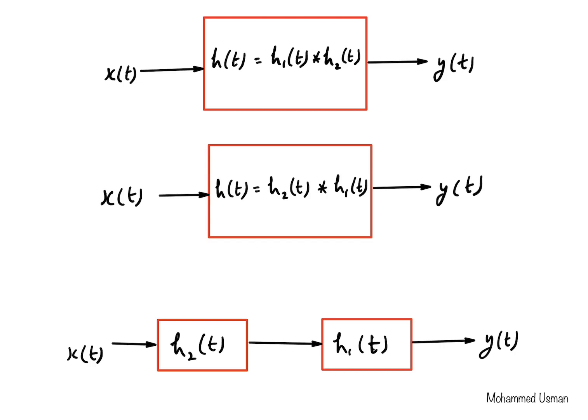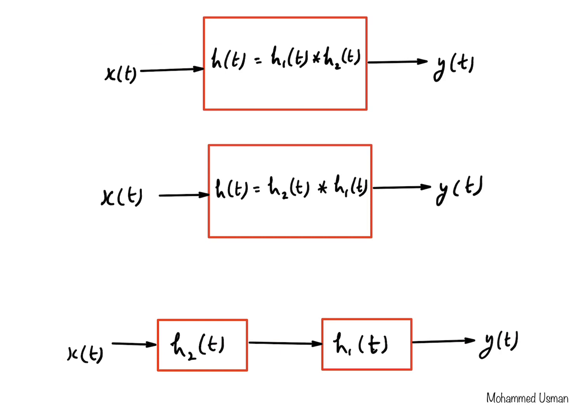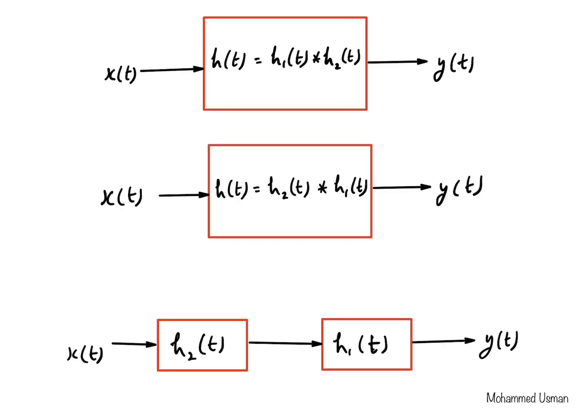So basically, this last figure, which is two subsystems in series where we have h2 first followed by h1, has the same input output relationship as having h1 first followed by h2 of t. Okay, so interchanging the systems in series does not affect the input output relationship by the associative property of LTI systems.